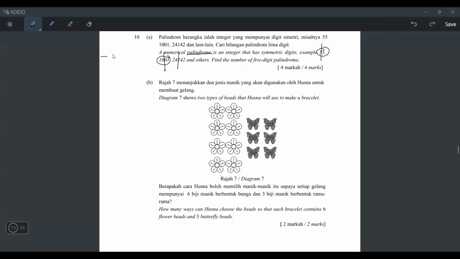So 5 digits. So 1, 2, 3, 4, 5. It means that this digit and this digit must be the same, right? Do you agree? So when I'm trying to fill in this digit, how many options I can fill in? There will be 9 digits because we can either fill in 1, 2, 3, 4, 5, 6, 7, 8, 9. But we cannot fill in this with 0, I think. Because the numbers cannot start from 0.